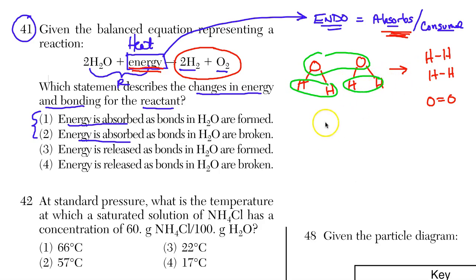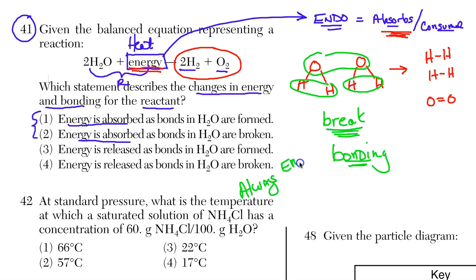But in order to form new bonds, we have to break the bonds first, and breaking bonds requires energy. I know the energy is written there. I don't love this problem, because no matter if the reaction was endothermic or exothermic, breaking bonds is the first thing that we do for all chemical reactions, and breaking bonds always requires energy.